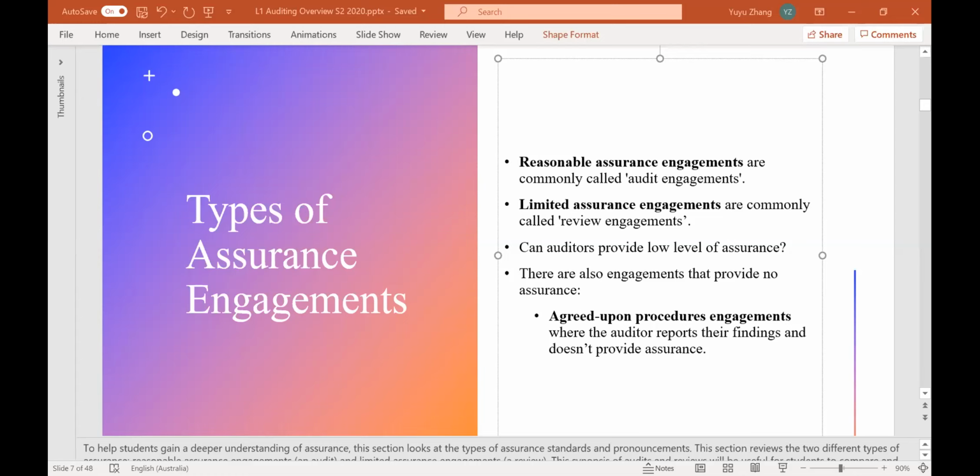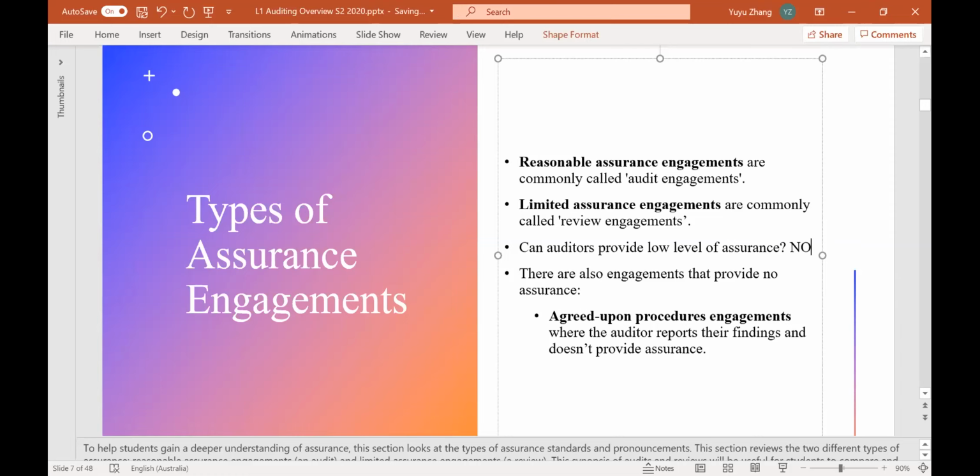And also from the market's point of view, from information users' point of view, if the auditor can only provide low level of assurance, do you really need the audit? So actually, conceptually, auditors wouldn't provide low level of assurance.